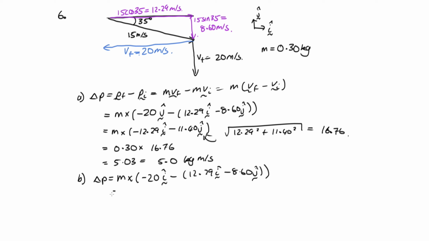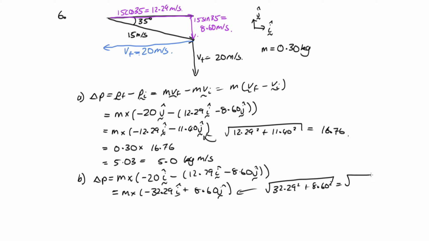The initial speed hasn't changed. And so this is equal to m times, now we've got minus 20I minus 12.29I. So this is minus 32.29I. And then we've got minus minus, so plus 8.60J. So once again, we use Pythagoras' theorem on this part here to get the magnitude of the change in velocity. So it's equal to 32.29 squared plus 8.60 squared.